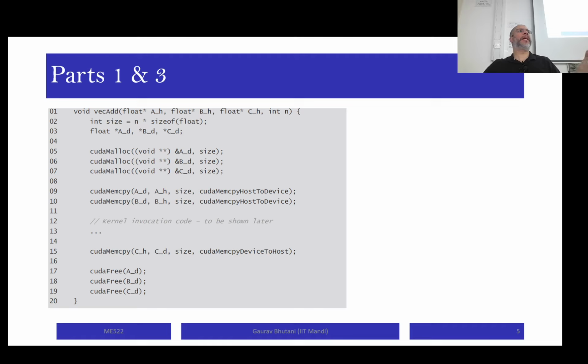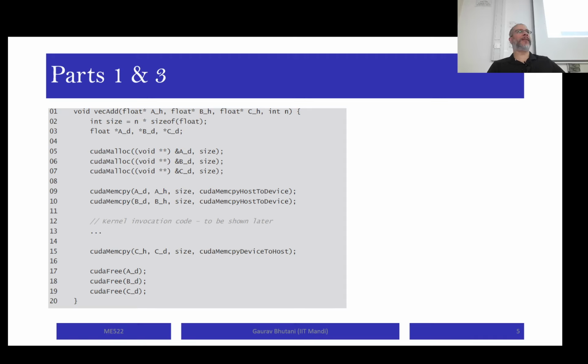And if you have A underscore H or H underscore A, these are arrays that will be available on the host memory. In this case, this function typically will take in host memory array pointers for A, B and C, and then it will define arrays on the device memory.